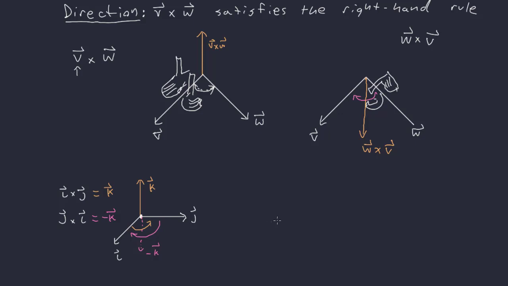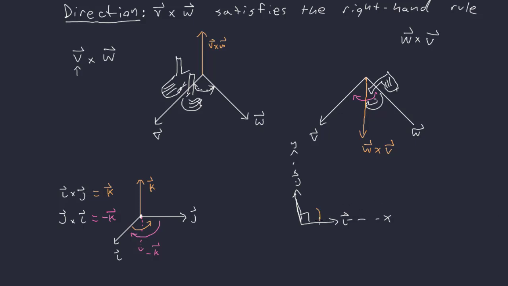Okay, so how I like to think about it is if you draw your vectors on the XY plane, right? So if you think about it in terms of here's I and here's J, just pretend we're looking down on the XY plane, the positive z-axis is pointing towards us.